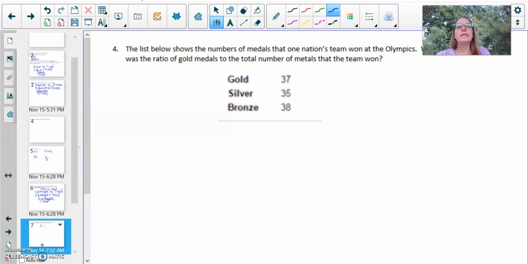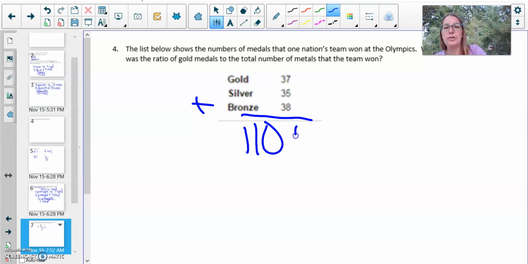The list below shows the number of medals one nation's team won at the Olympics. What was the ratio of gold medals to total number of medals that the team won? So first I have to add them together to find the total. So I'm adding 37 plus 35 plus 38. So my total would be 110 total.